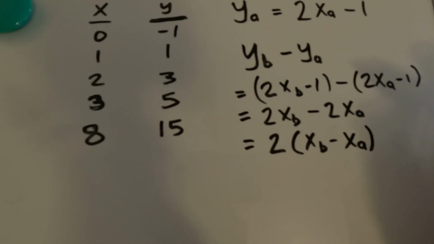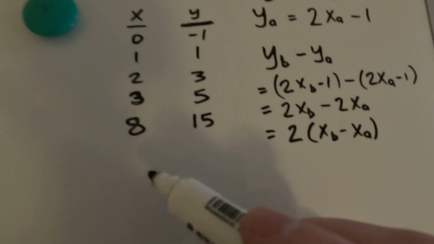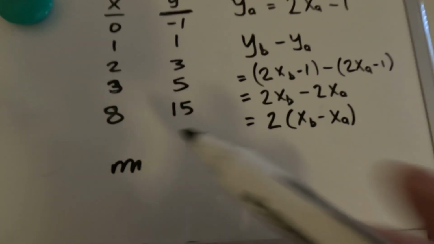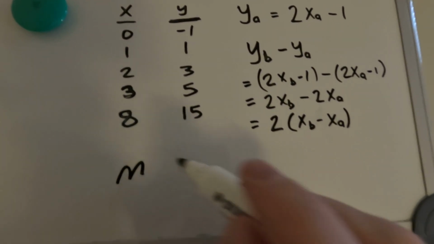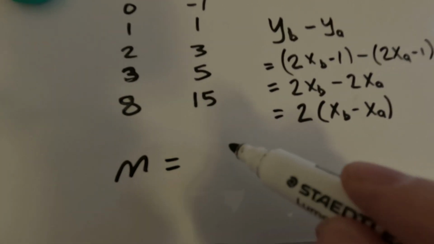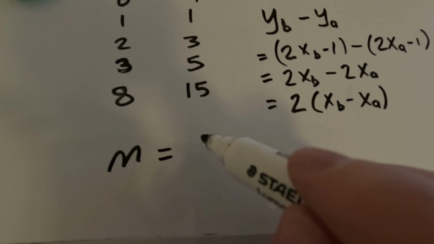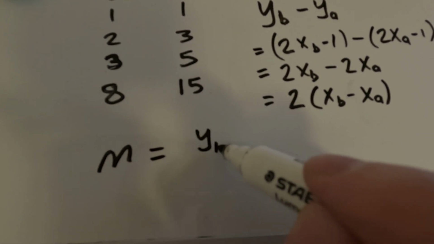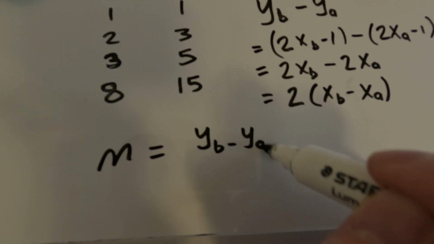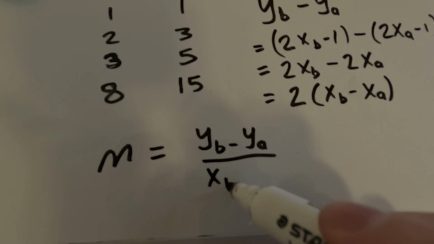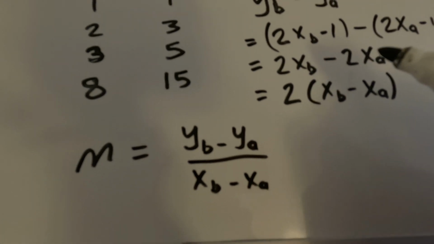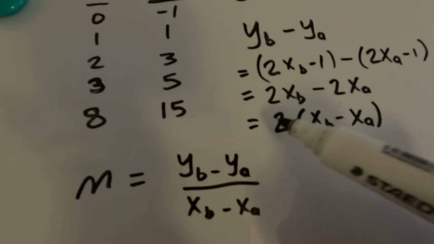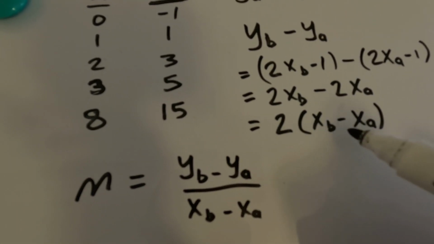Right, great. So now we're nearly home and dry. So m equals the change in y over the change in x. So it's yb minus ya over xb minus xa. Okay, so yb minus ya equals 2 times xb minus xa.